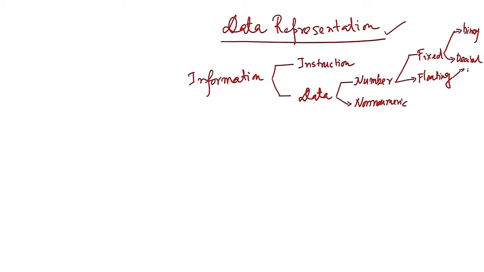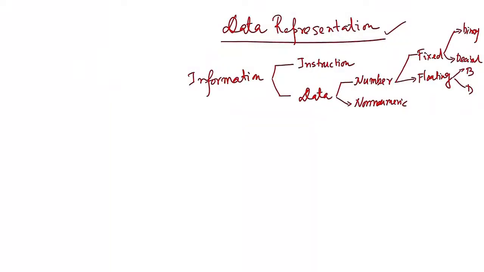Similarly, the floating point can be binary and this can be decimal. So, in today's class we will know how the fixed point number can be represented in computer system. Therefore, our focus will be fixed point and obviously the binary representation.